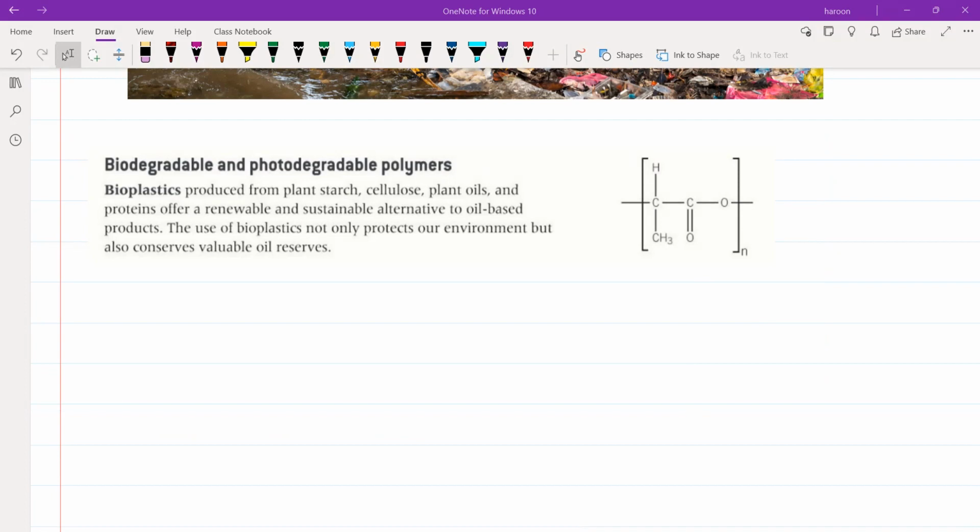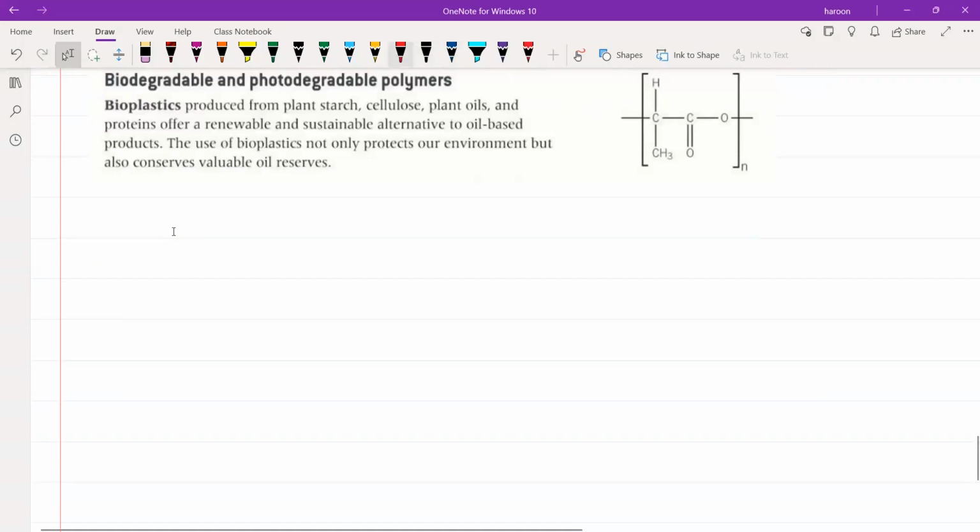There are also microorganisms in water that can decompose plastic. Similarly, one very interesting piece of research which I was looking at in my university, the students were trying to develop a plastic from plant material.